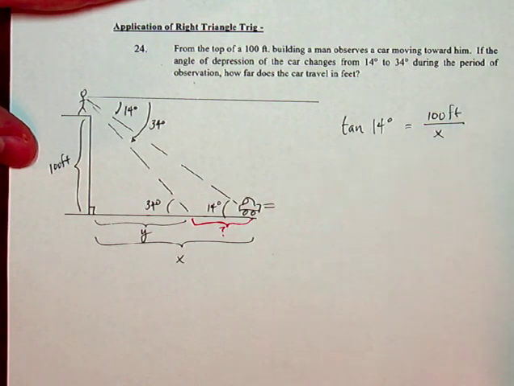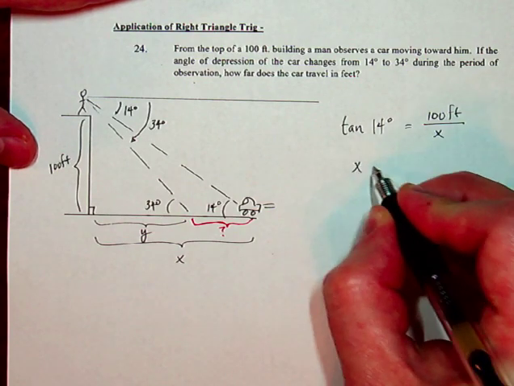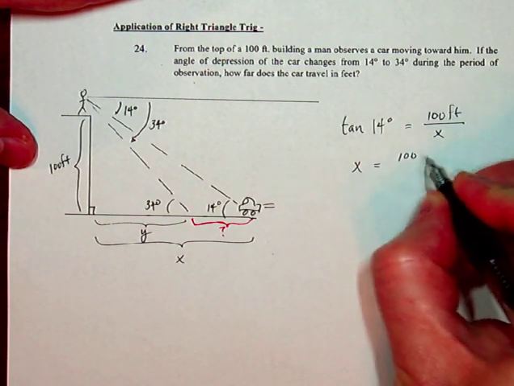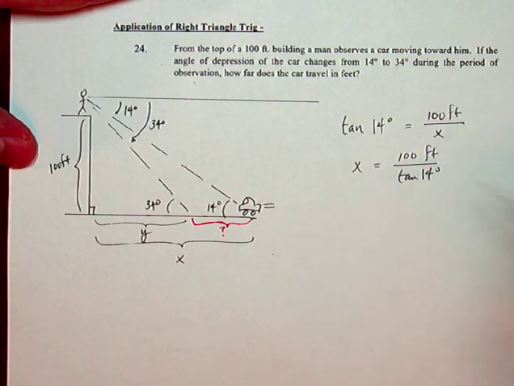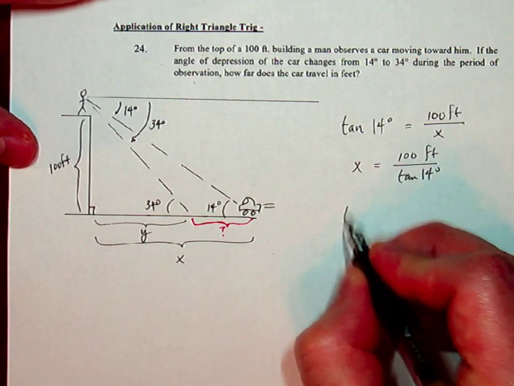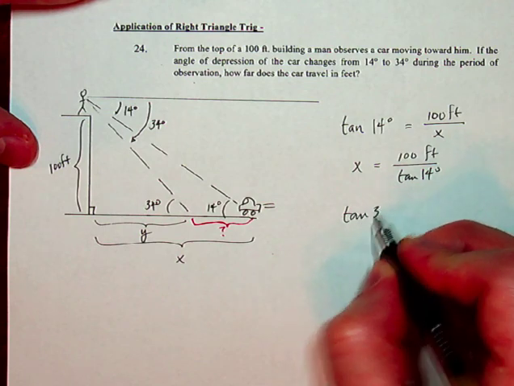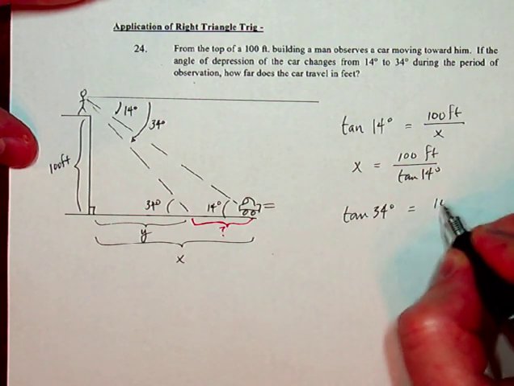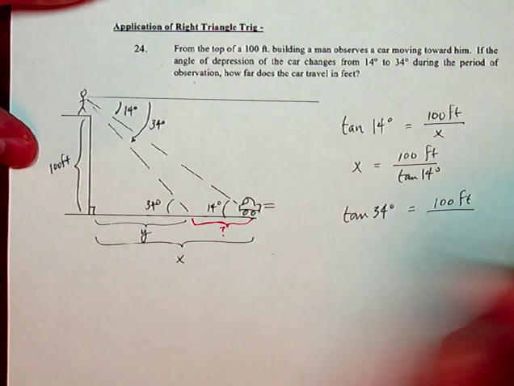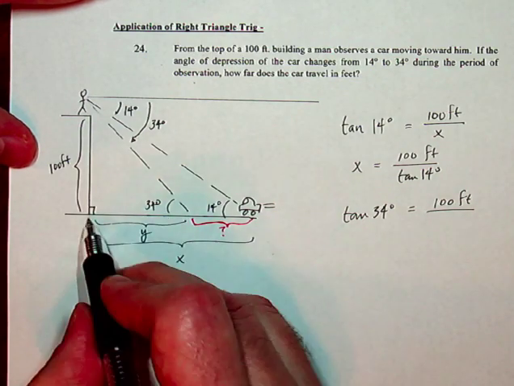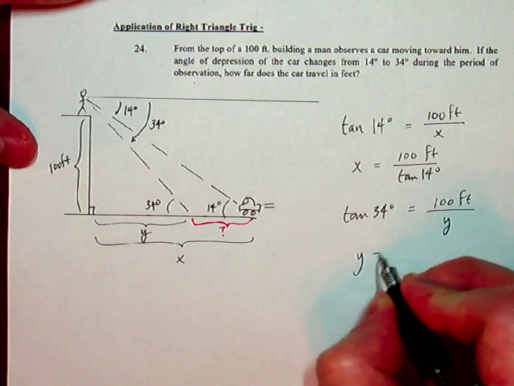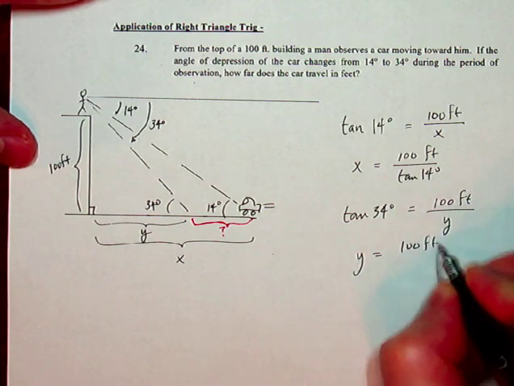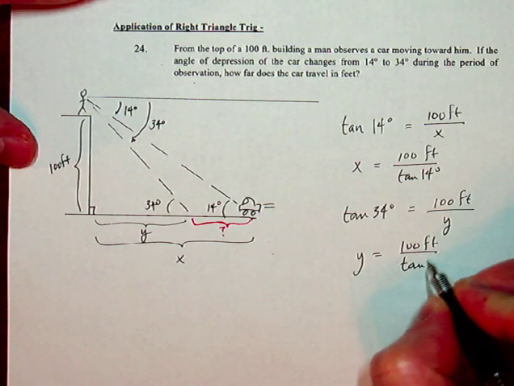And that's going to be x, and therefore x is equal to 100 feet over tangent of 14 degrees. We also know that tangent of 34 degrees is 100 feet, because 100 is the opposite from this 34 right here, over the adjacent, which is y. And so y is equal to 100 feet over tangent of 34.